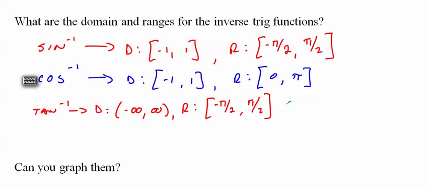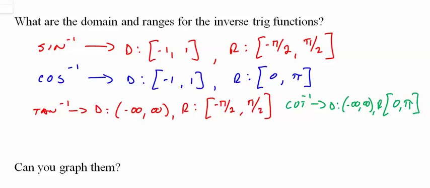Cotangent has the same range as cosine. So its domain is from -infinity to infinity, and its range is from 0 to pi. For secant, domain is absolute value of x greater than or equal to 1. And I'm actually going to change that.